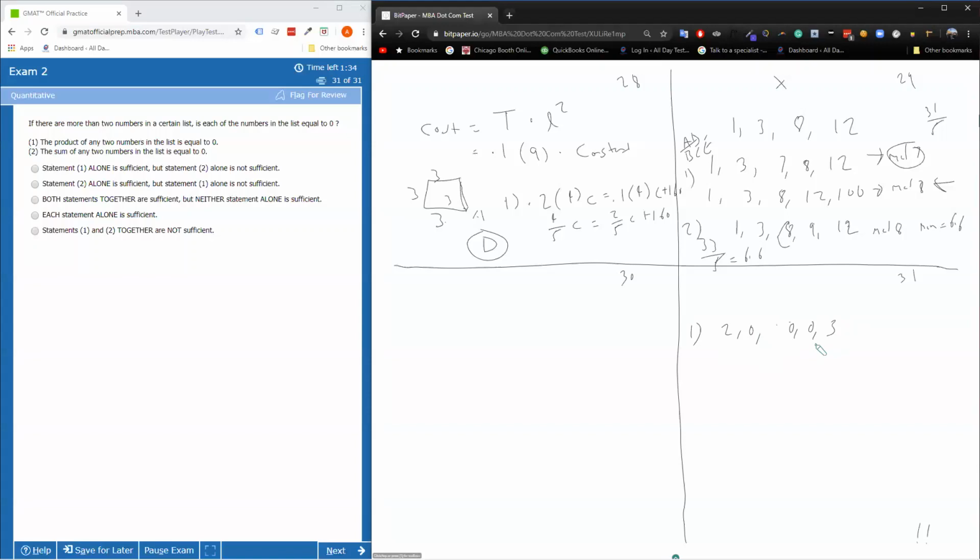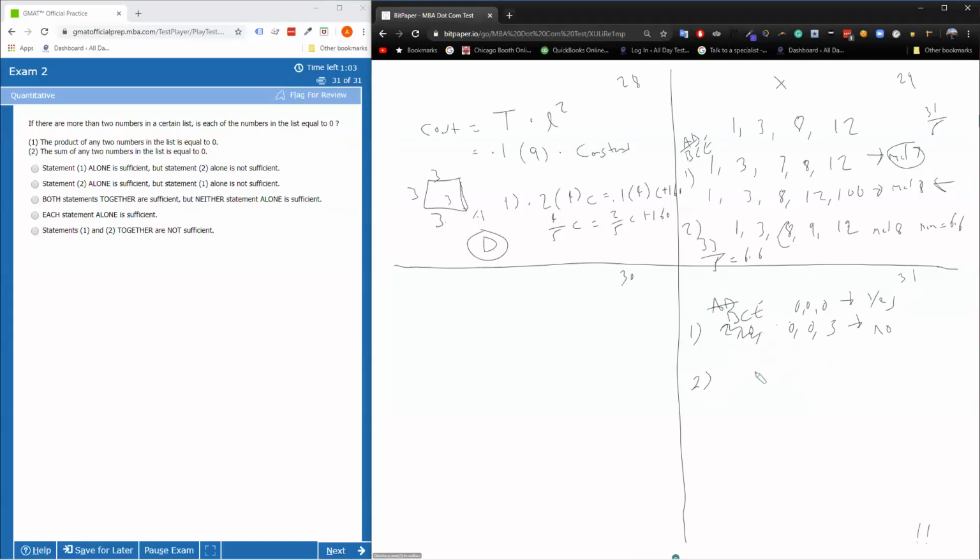I can have that. Yeah, so if each of the numbers could be equal to 0, then we can have duplicates. So this would be a yes, this would be a no, so insufficient.